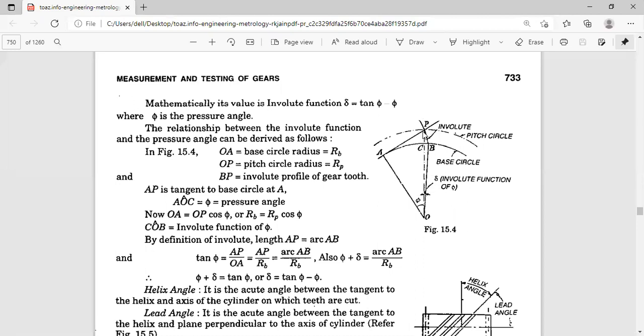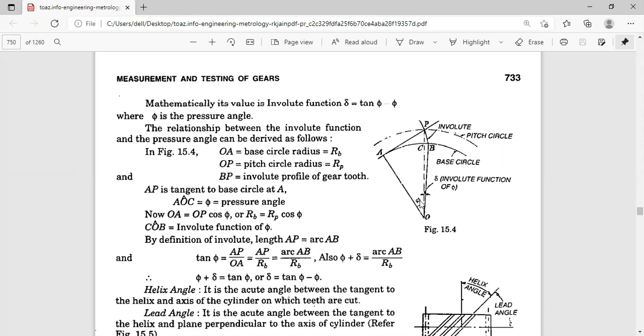If you take the triangle AOP into consideration, opposite is AP, adjacent is OA. But what is OA? OA is equal to RB, the base circle radius. But what is AP? AP you have taken as RKB by RP. So all this you have to take into consideration.